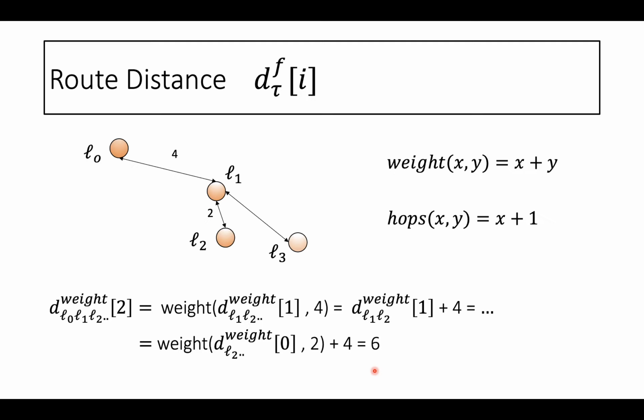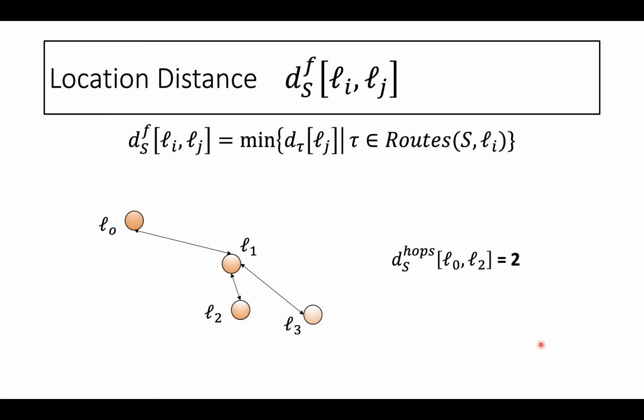Similarly, if you do the same considering the hop function, what you have at the end here is just 2, because you are summing 1 and 1, 2 times, and that is exactly the number of hops that you have in the route. Then you can define the location distance, which corresponds to the distance between two locations, that is the minimum considering all possible routes that start from Li and end in Lj.